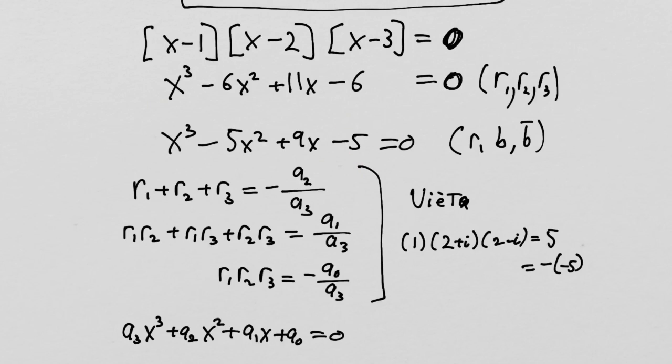For this polynomial, the first root is 1, the second root is 2 plus i, the third root is 2 minus i, and if you multiply this out, you get 4 minus i squared, so it's 4 plus 1, which is 5, which is the opposite of minus 5, because A3 is 1. So these work for real and complex roots. You just have to replace R2 with B, and R3 with B conjugate, right?